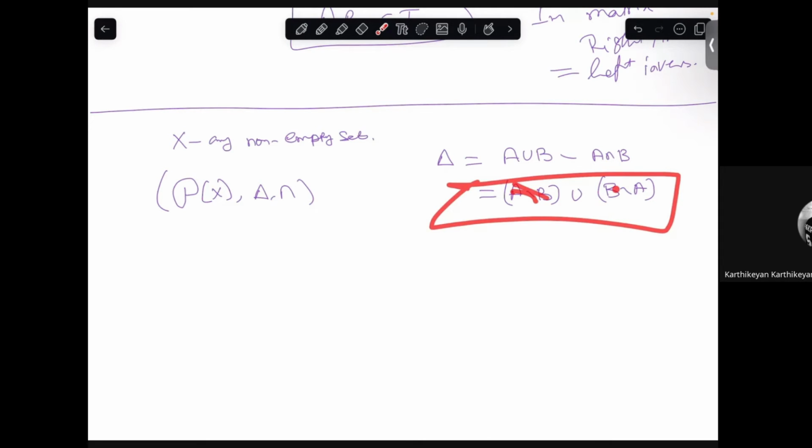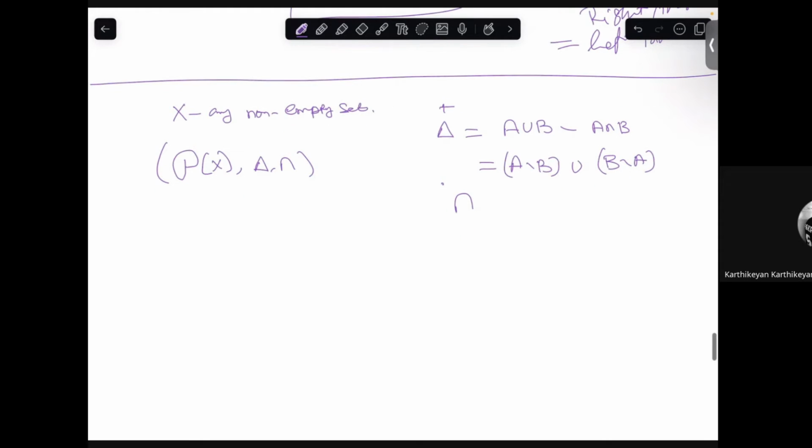It's a symmetric way of taking difference, but this other one is very nice: you union them and throw away the intersection, the common part. So with respect to this as addition, and intersection playing like multiplication, this becomes a ring. And it has a very beautiful property.